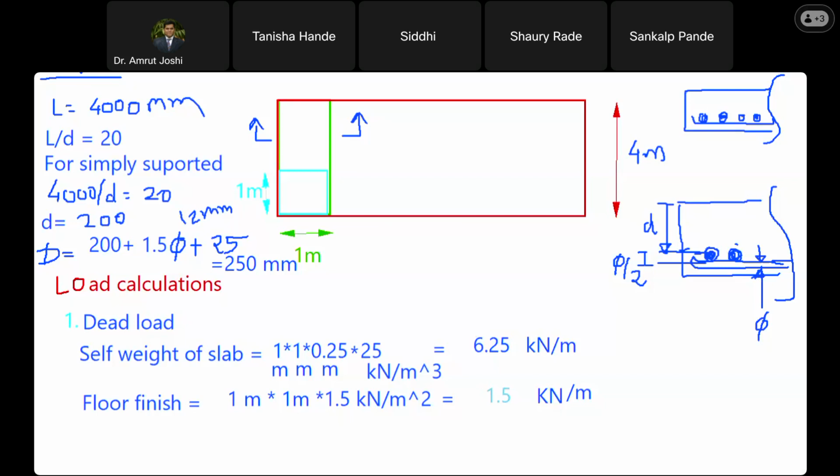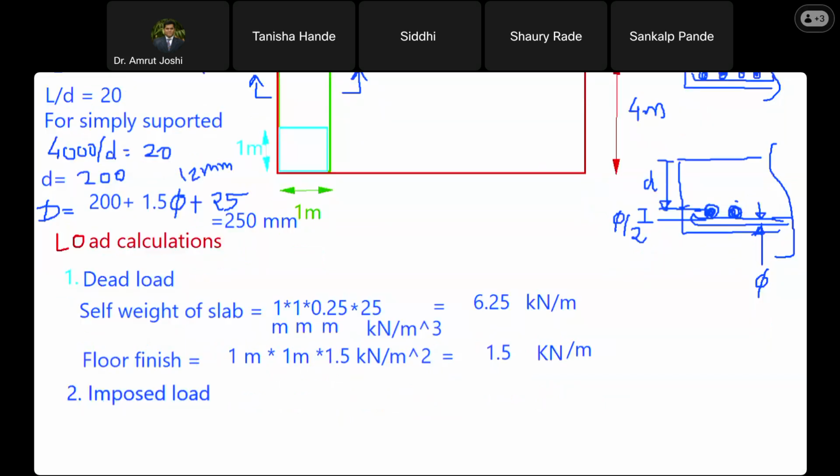Now what is the imposed load or live load? It is given in the problem that the imposed load is 5 kilonewton per meter square, again acting on a chunk of 1 meter cross 1 meter. And what is the intensity? 5 kilonewton per meter square.